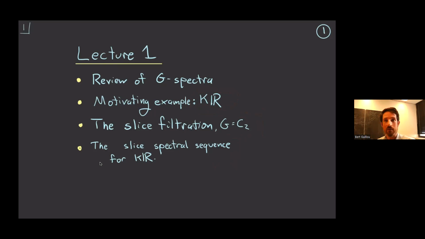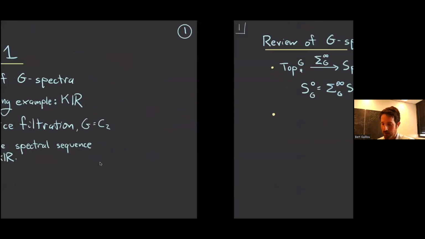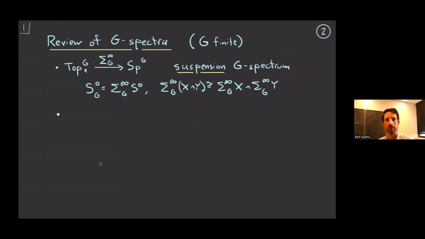All right, so let's start things off, diving into the world of G spectra. The first thing I want to say is that we have something called a suspension G spectrum. If we start with a based G space, then there's something we can construct called a suspension G spectrum. In particular, if we apply this to the space S0, two points with a trivial action, we get the sphere G spectrum.